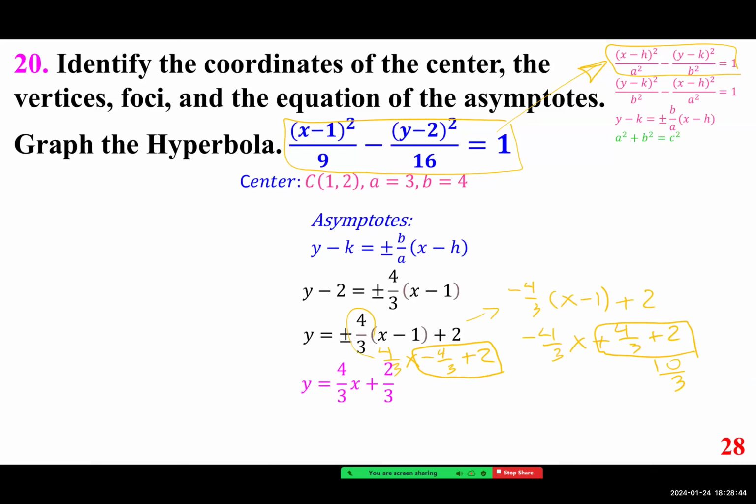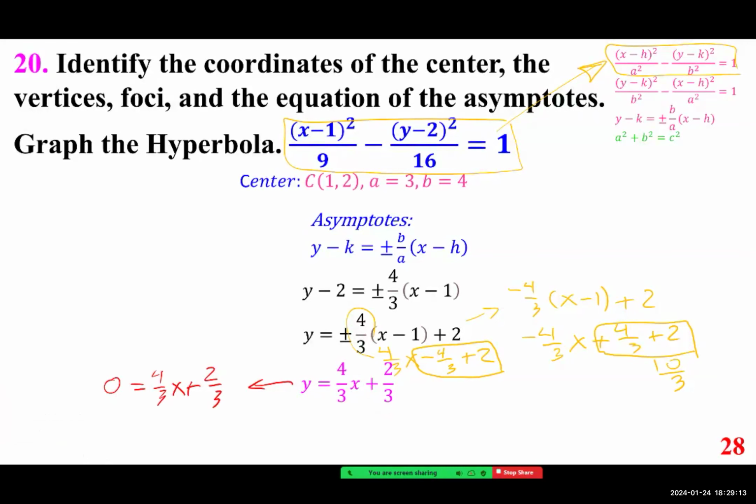So if we stick with this one, I hope you notice 0, 2/3 is the y-intercept. If I set y to 0, I get 4/3 x plus 2/3 equals 0.